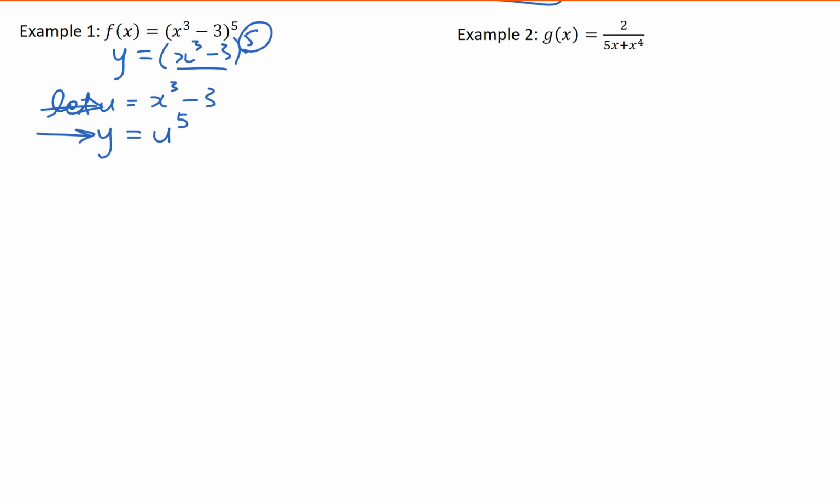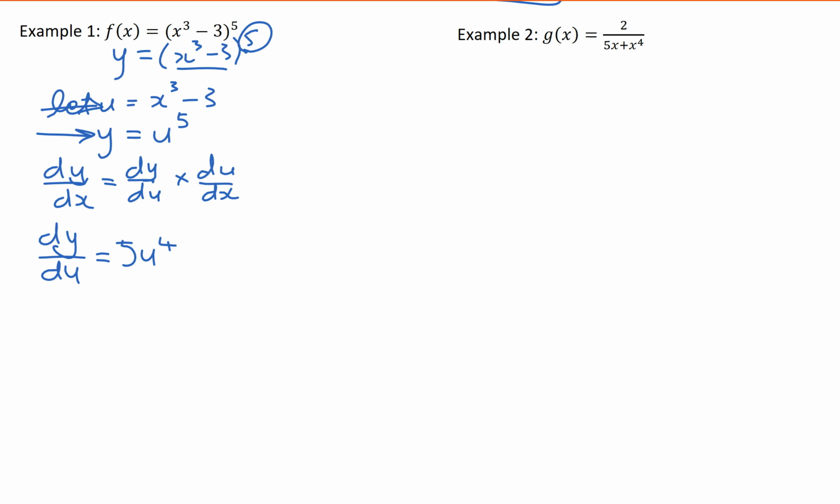Okay, and all I have to do now, by the chain rule, to find out what dy by dx is, is find out what dy by du is, and then multiply that by du by dx. So, dy by du, that should be not hard at all. 5u to the power of 4.